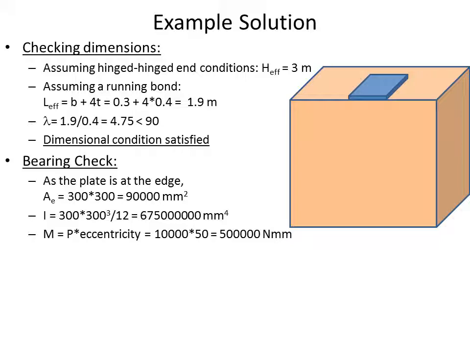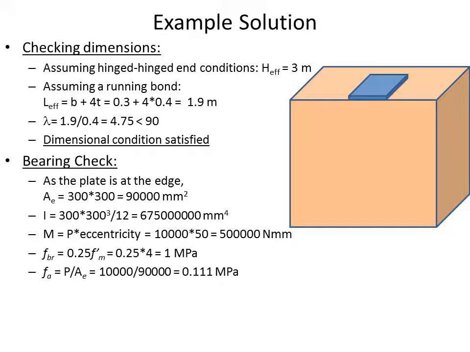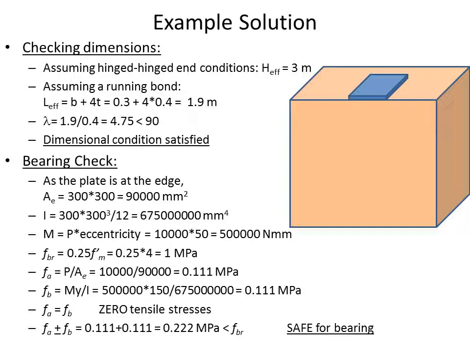M is P times the eccentricity, which is 10,000 times 50, so this is 500,000 Newton millimeter. FBR is 0.25 F-M, so this is 1 megapascal. FA is P over A effective, so this gives us 0.11 megapascal. The small FB is My over I, so this will be also 0.11 megapascal.